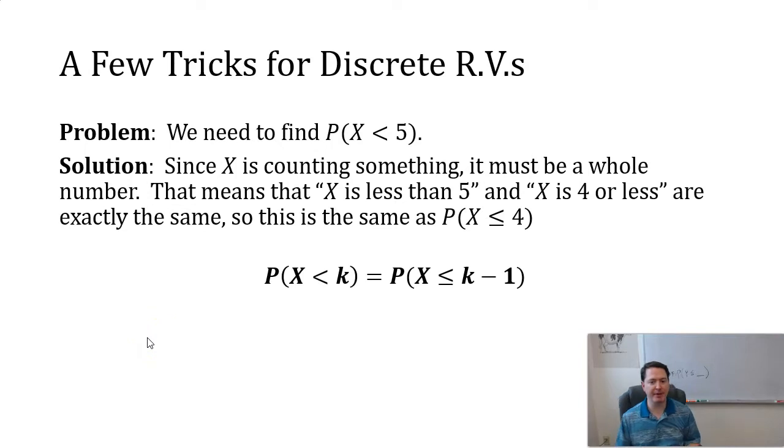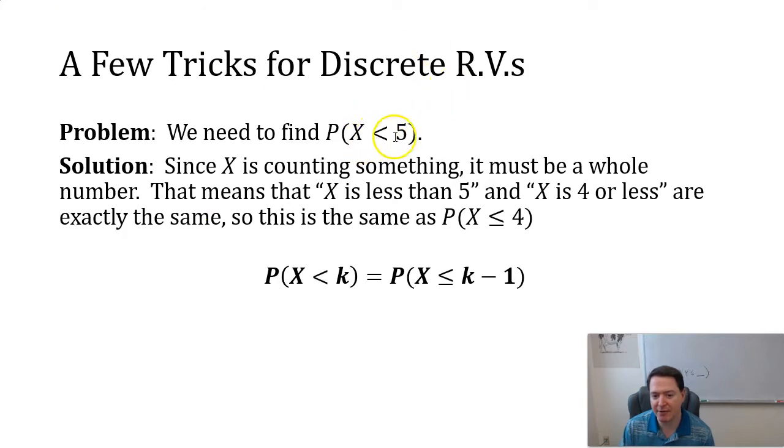So first one, the probability that our random variable is less than some number. Okay, so I've got specifically the probability that our random variable is less than 5. Well, we've been using this idea of using counting numbers a few times before. So less than 5 means 4 or less, right?